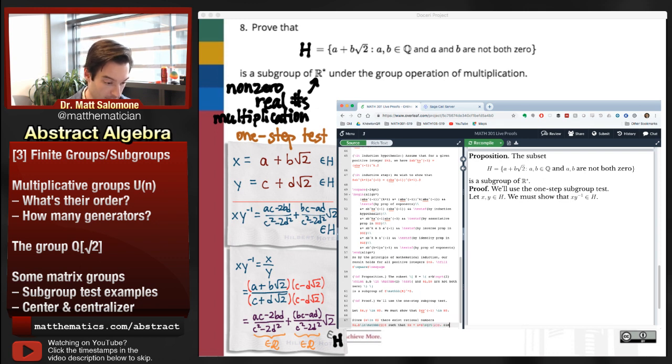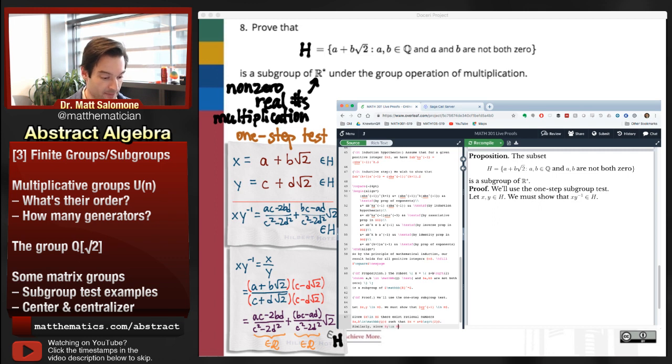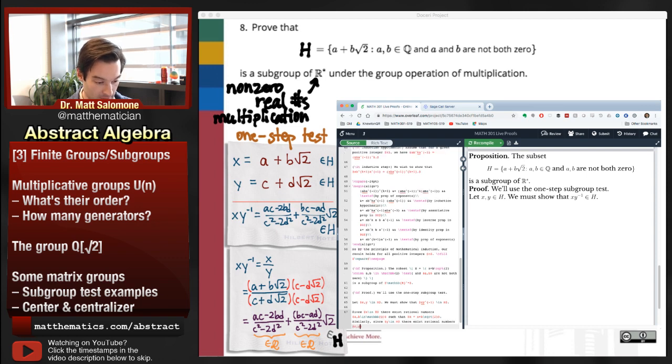Similarly, since y belongs to H, there exist rational numbers C and D such that y is equal to C plus D radical 2.